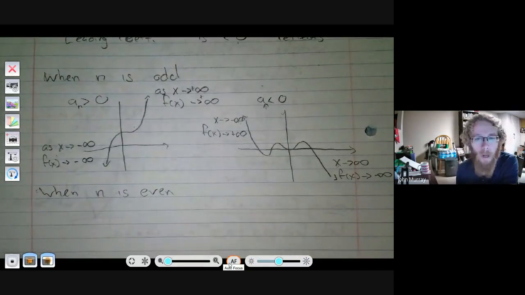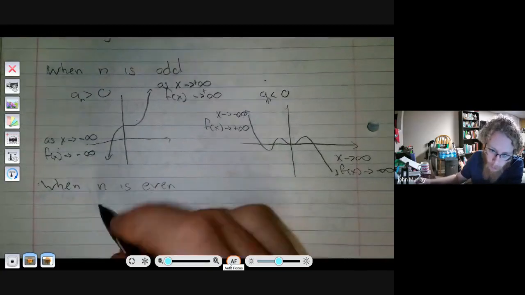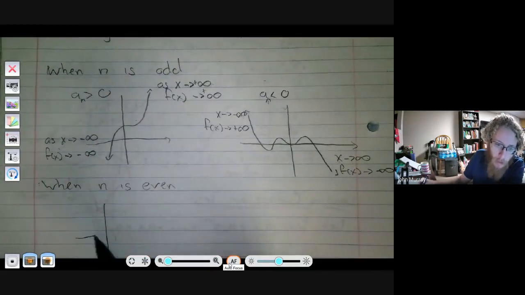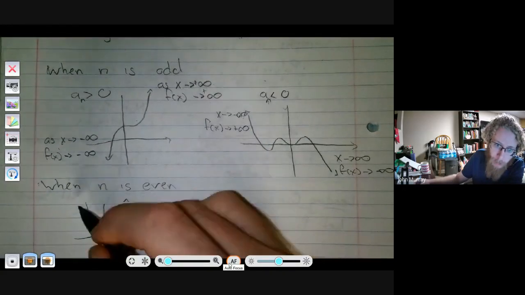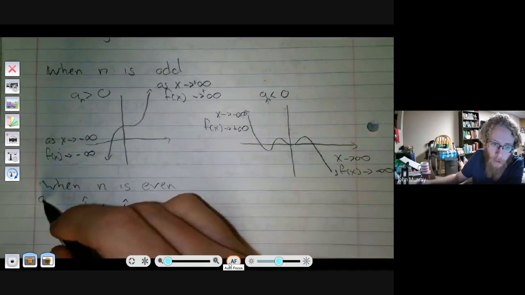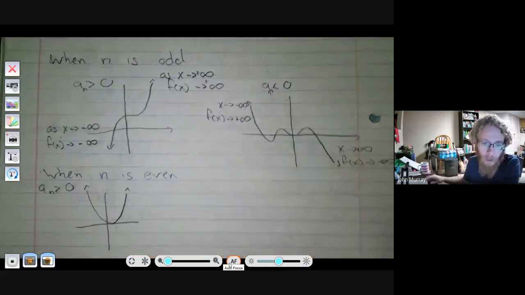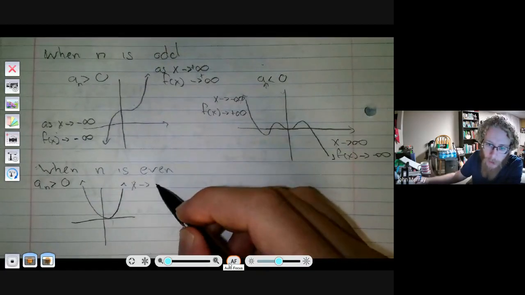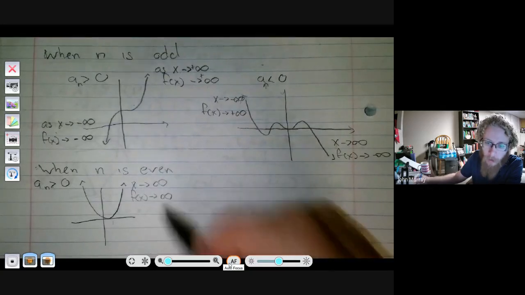Okay, we have a similar thing when n is even. But like I said before, when n is even, my end behaviors should be going in the same direction. Okay, so here we have n is even, and our leading coefficient is positive. All right, I'm going to have, as x approaches infinity, f of x is going to approach infinity.